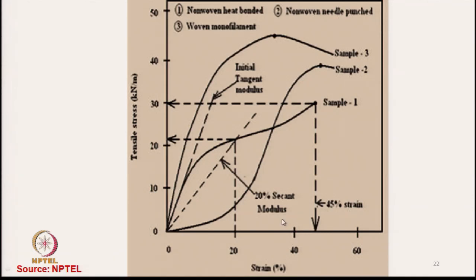So, this curve shows the comparative values of non-woven heat bonded sample 1, non-woven needle punched fabric sample 2, and woven monofilament fabric.